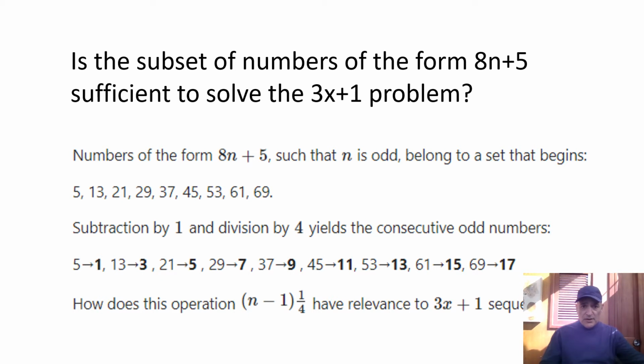Numbers of the form 8n plus 5, such that n is odd, belong to a set that begins 5, 13, 21, 29, 37, and so on. These numbers are 8 apart, beginning with 5. It's a sequence of numbers that I've spoken about many times before. I just haven't used the 8n plus 5 definition.